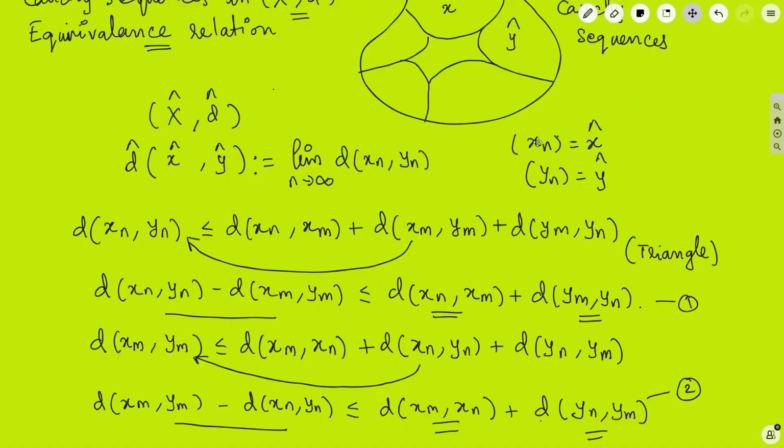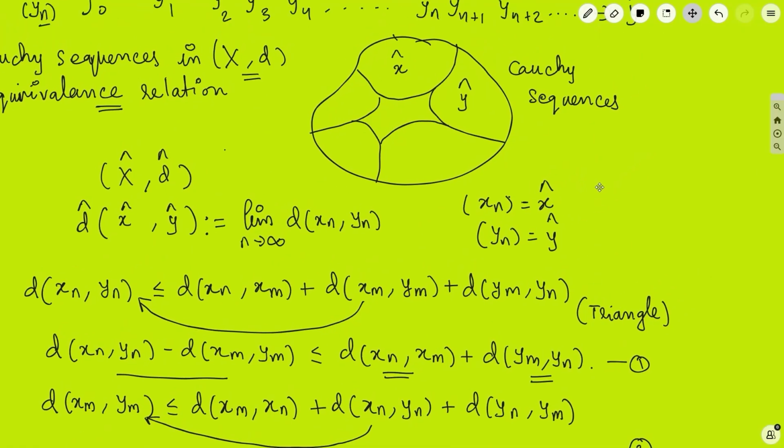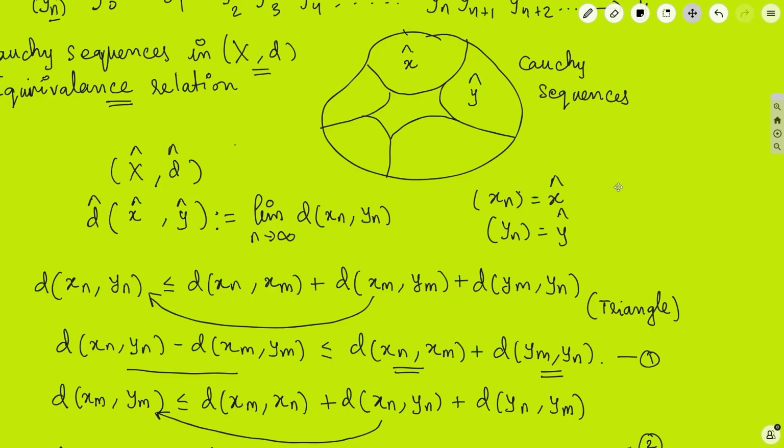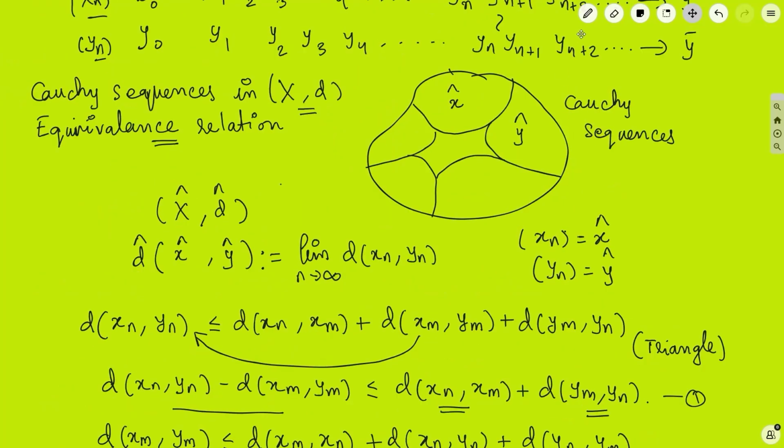what did we do? We picked a sequence from this. So what we did here was to pick a sequence from this equivalence class x hat, right? This is an equivalence class of all Cauchy sequences which are related to each other, right?